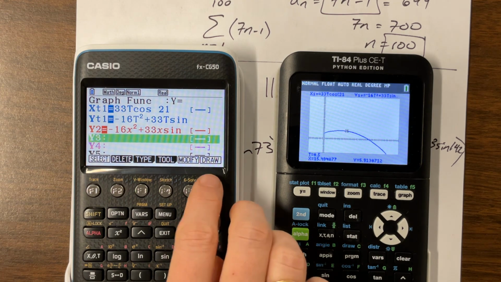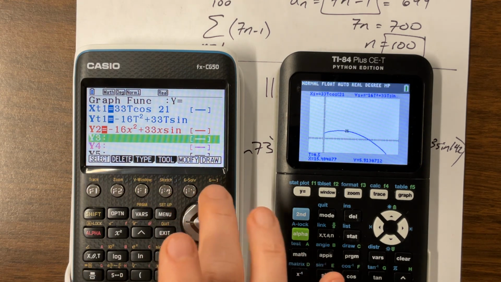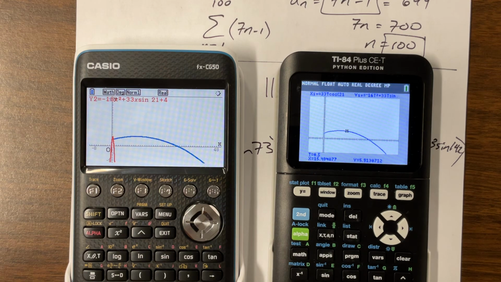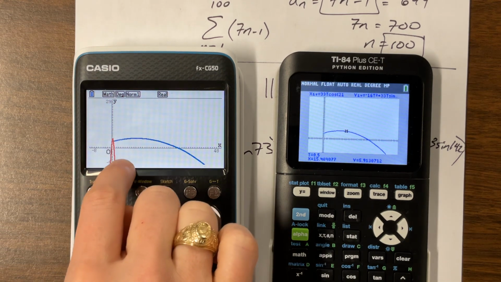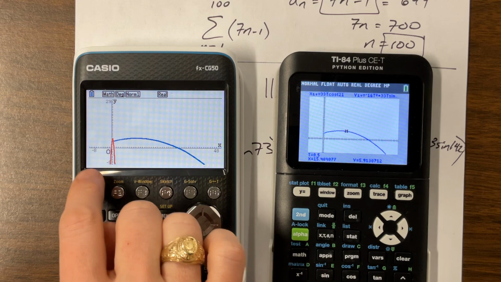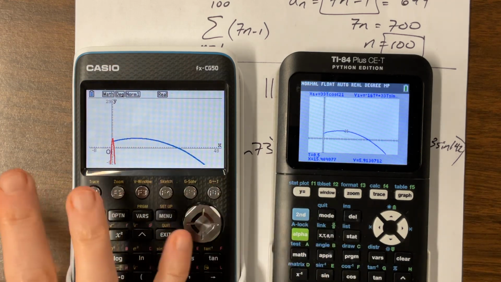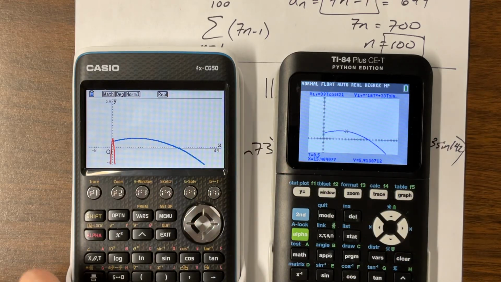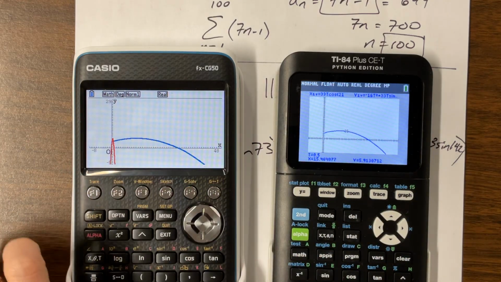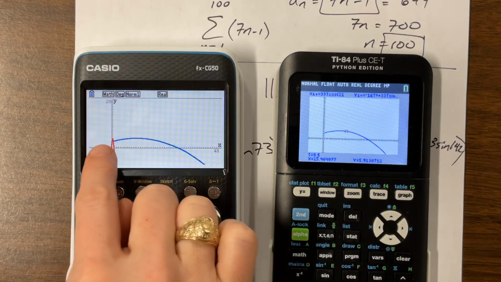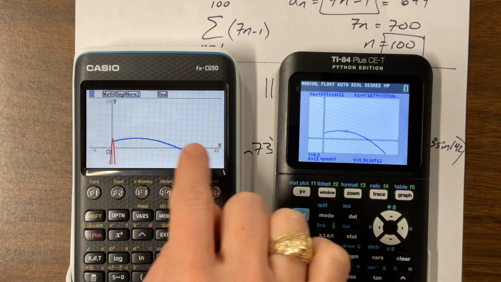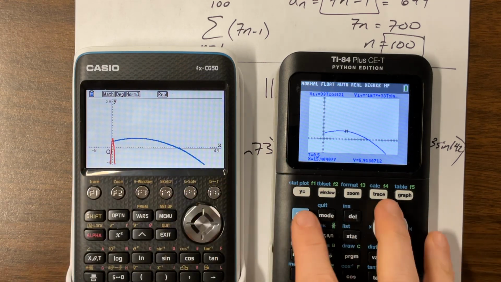Okay, and so now when I draw this, it's going to give me, this is as a function of time, and so this is how high is it at a particular point in time, whereas this one is, I'm sitting in the stadium watching the water balloon get tossed. I'm watching the football get kicked. I'm watching whatever, and so I can see how far down the field it is at whatever point.